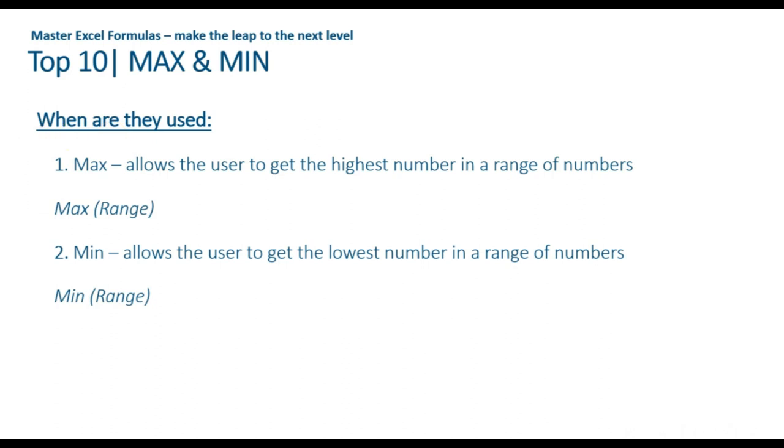And again, the structure of both formulas is very similar. So you have MAX, and then we need the range in which to get the maximum value from, and the minimum is pretty much the same thing.